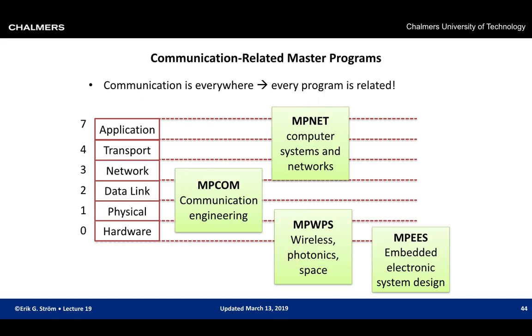If one is more interested in digital hardware, there is the MP in Embedded Electronic Systems Design. So this is sort of like putting these into the protocol stack, if you like. Then I encourage you to go and listen to all the presentations and figure out where you want to be. I think the job market is good in all of these fields, so it depends on what you want to do.